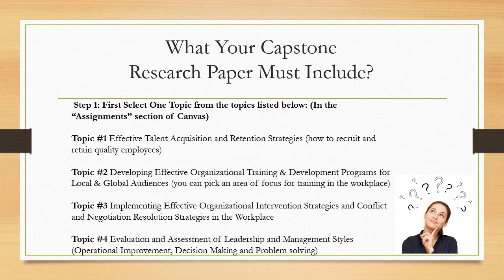Or you can select topic 3, implementing effective organizational intervention strategies and conflict and negotiation resolution strategies in the workplace. If you choose that topic, you will be discussing strategies on effectively implementing organizational intervention strategies and conflict resolution strategies in the workplace.